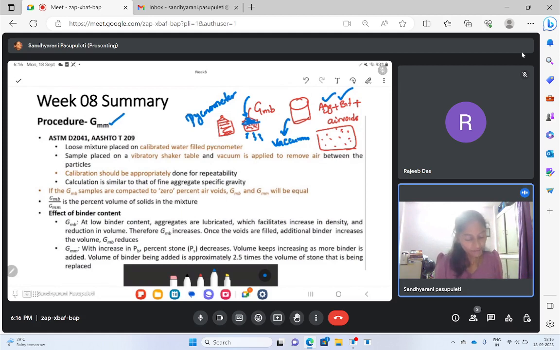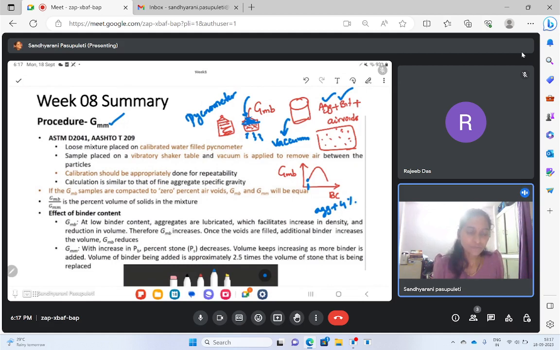So what happens when you keep adding the binder content to this GMB and GMM? This is actually GMB versus binder content. Initially we add bitumen content. You have aggregate, you have added let us say 4% of bitumen content, then this bitumen acts as a lubricant in between the aggregate particles.